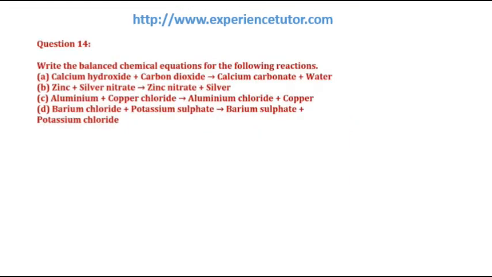In the next question, we need to write the balanced equation. Let us do the first one. Calcium hydroxide can be written as Ca(OH)2. Carbon dioxide can be written as CO2. Calcium carbonate can be written as CaCO3, and water. This equation is balanced.